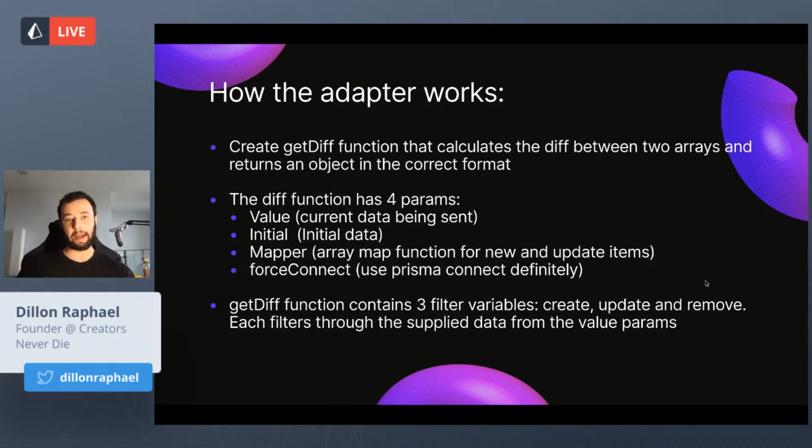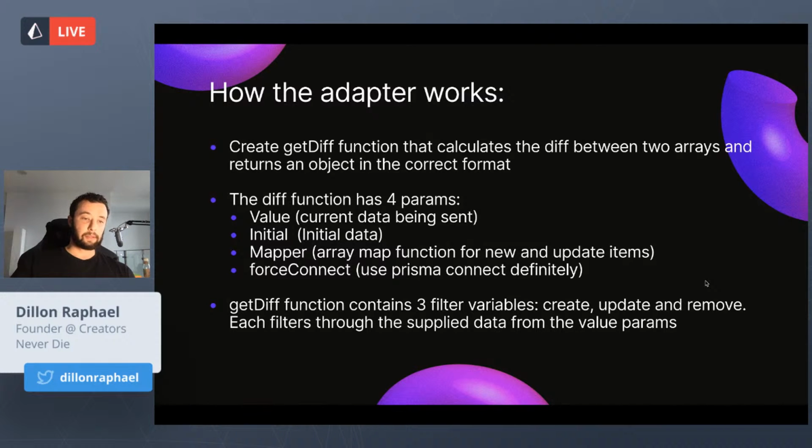The diff function had 4 params, which is the value, the current data being sent from the form, the initial data, and then the mapper function, so when we needed to access the array within the array, for example, and then a force connect, which if we wanted to have actual definitive control when to use connect versus update, we could just set a Boolean of actually using connect.